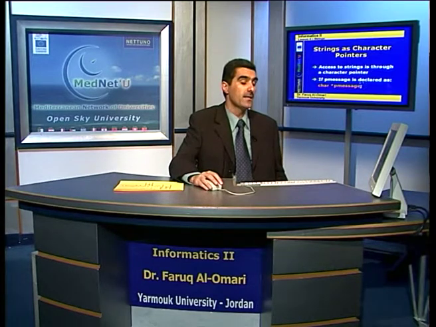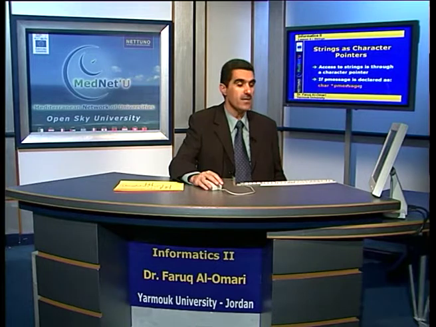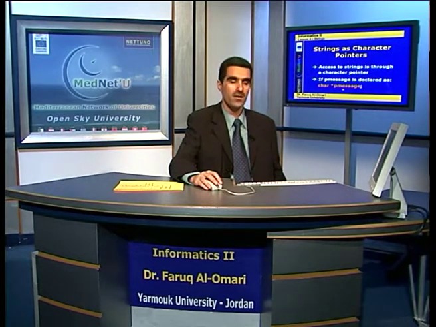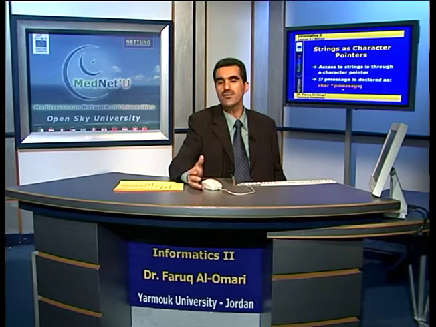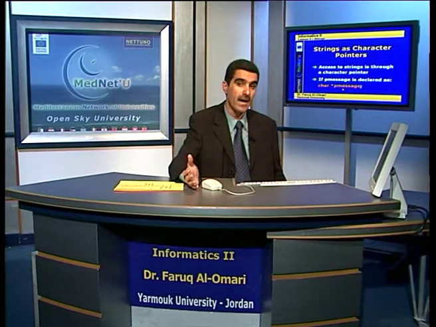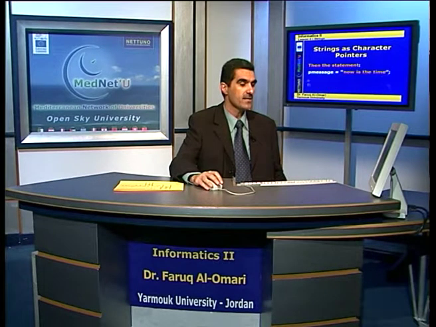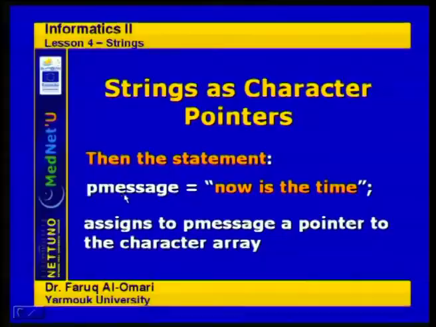After that, I can assign to this pointer, or make this pointer point to any string, to any block of characters in memory anywhere I like. And that's why we can say something like this: pmessage equals this string.